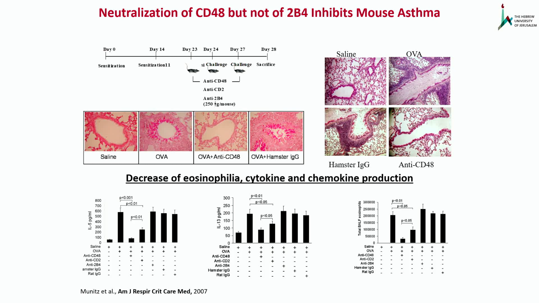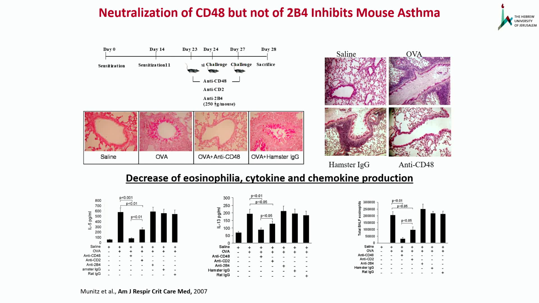Indeed, when Ariel Muniz, at the time a PhD student in my lab, did an alum model of asthma in mice, and delivered anti-CD48, anti-CD2, or anti-2B4 blocking antibody, only the anti-CD48 and not the other antibodies could block both the signs of inflammation in the bronchi and the signs of mucus production.